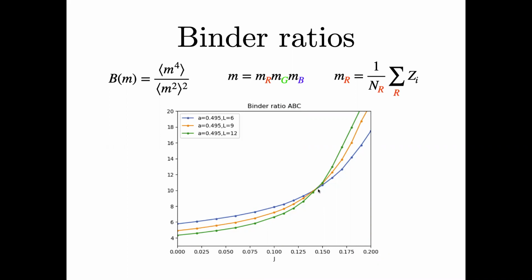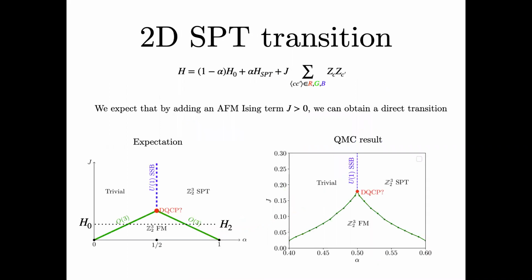You can use that to plot the phase diagram. Also you can plot the order parameter of this ferromagnet, and you can see that it also goes away somewhere around here. So this is the result from numerics.